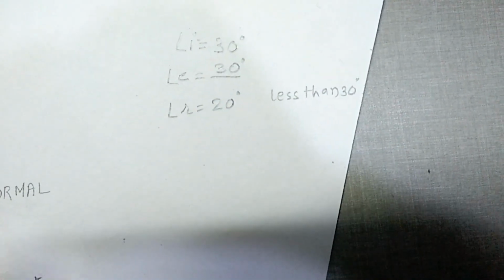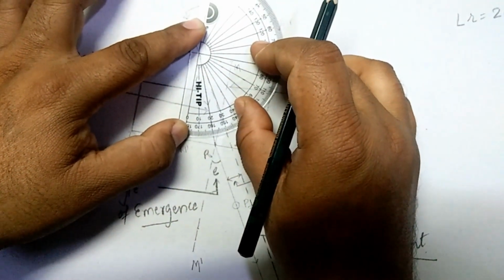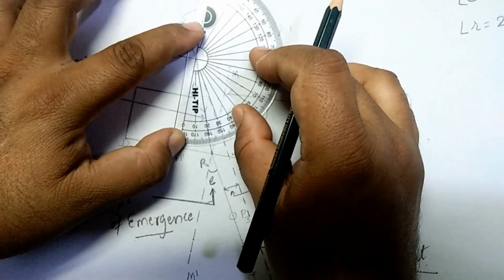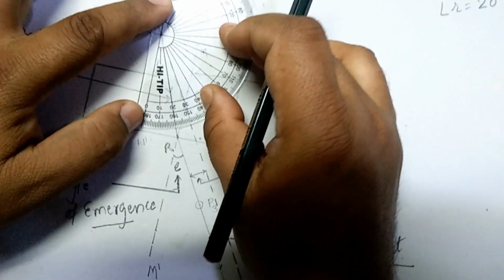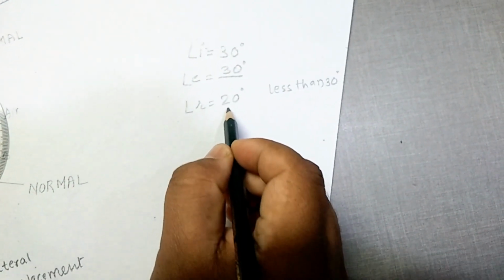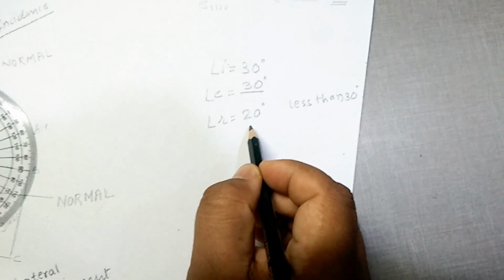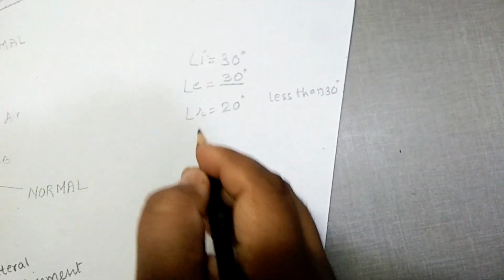I believe that it is a little more than my expectation, because I expected this to be 19, which is 1 degree more. So let us see what value we calculate. If it is 20, definitely our refractive index is going to be a little problematic.